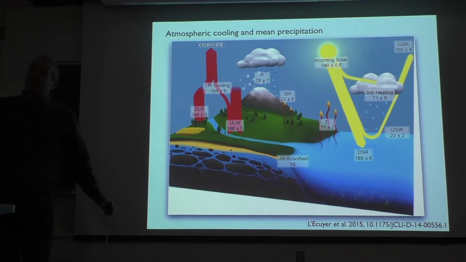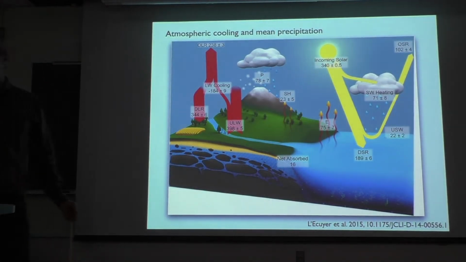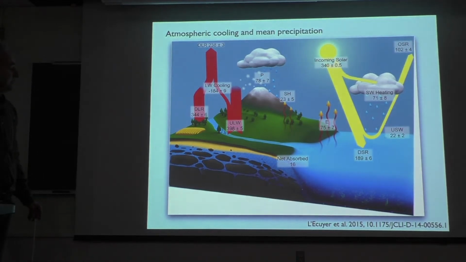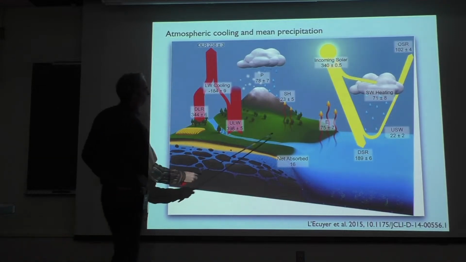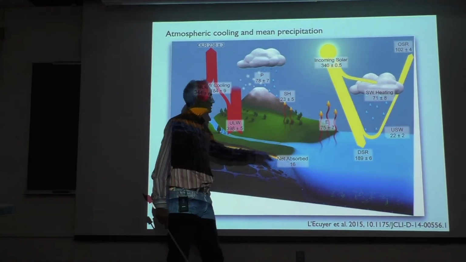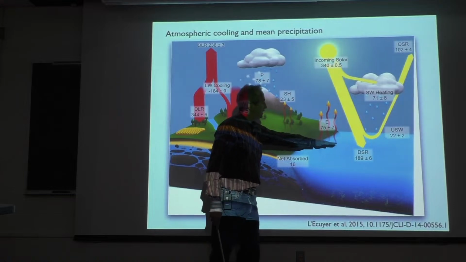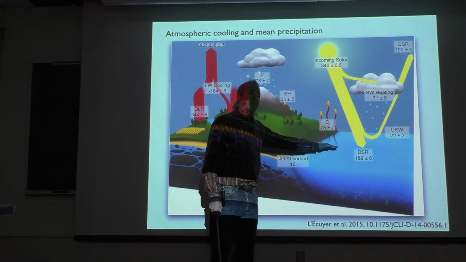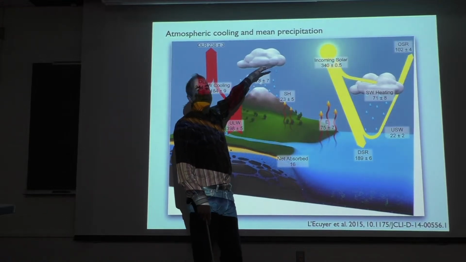So the first question would be, why does radiation have to do with precipitation? And of course, this is a figure from a paper that Tristan did. It comes because both the energy budgets and the water budgets in the atmosphere have to balance. And the energy budget of the atmosphere includes a component that comes from latent heating. So that is to say, the energy that's received at the surface evaporates water, which goes into the atmosphere.